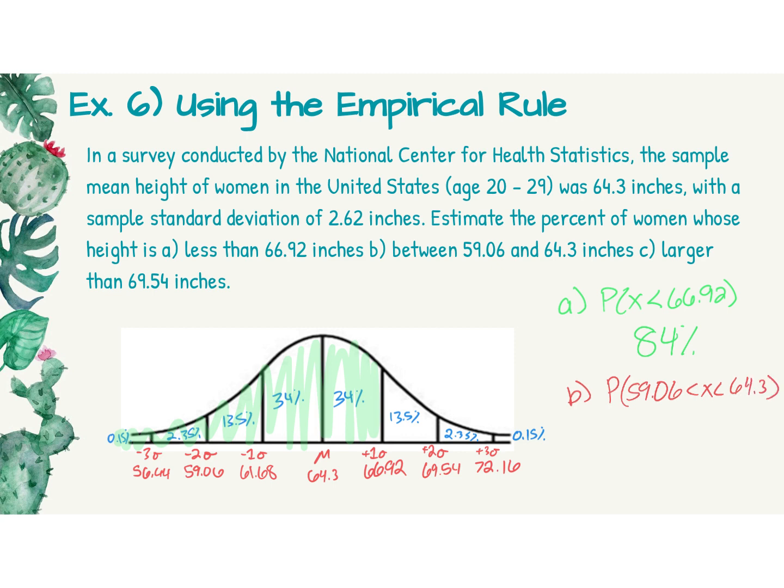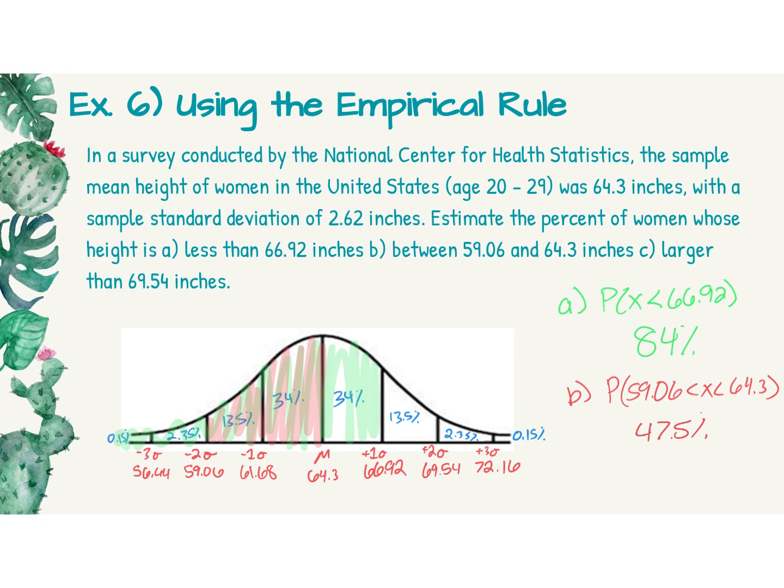That wants us to look between right here and go all the way to our middle. So we're just adding up those two pieces there. And that should come up to 47.5%.